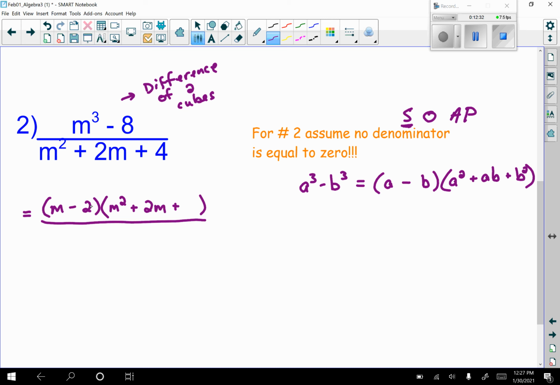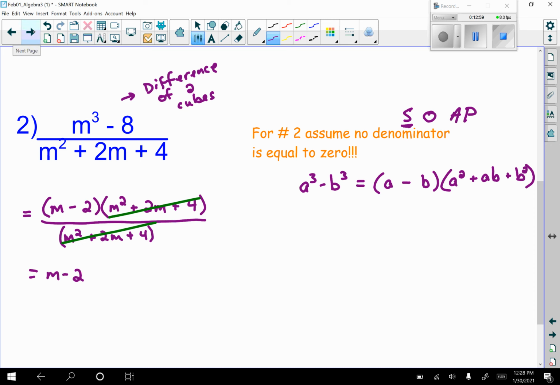Always positive. Then I multiply 2 times 2, which is 4. Now if you notice, that denominator says it as well, because we actually can't factor the m squared plus 2m plus 4. So that's what's going to cross out. These trinomials match perfectly, and we are just left with m minus 2.